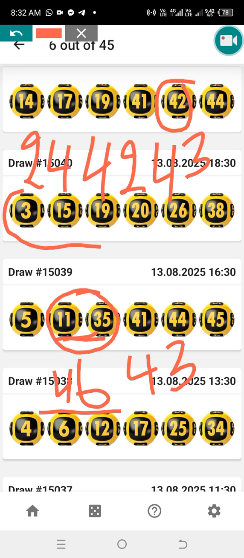We did minus on 46 because the lotto is 6 out of 45, right? You don't go nearby to 45. You go to the nearby number of a family of 6. Is the family of 6's nearby number plus or minus 3? No, it's only minus 3. So now we have 24, 42, and 43.